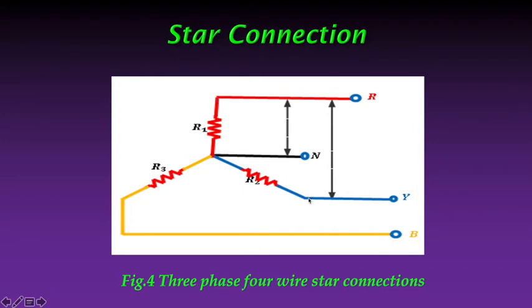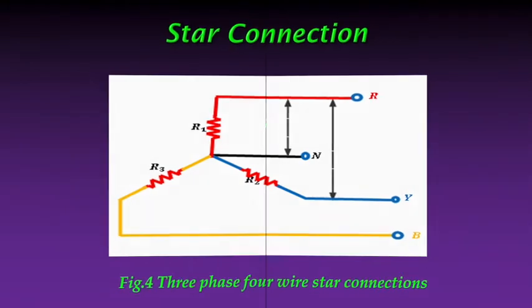A1, B1 and C1 are called line terminals, shown as R, Y, B, and the common terminal, the neutral, is brought outside. Then it is called a 3-phase 4-wire star connected system. If the neutral point is not available, then it is called a 3-phase 3-wire star connection.